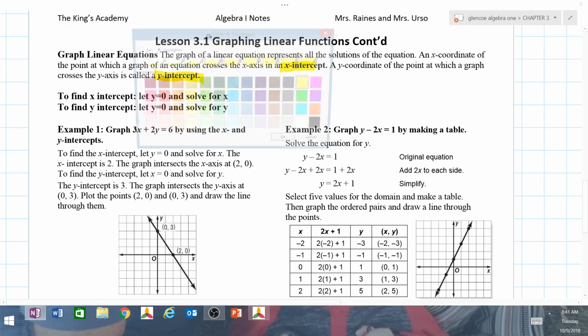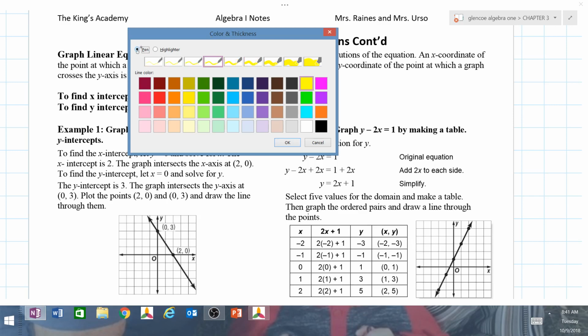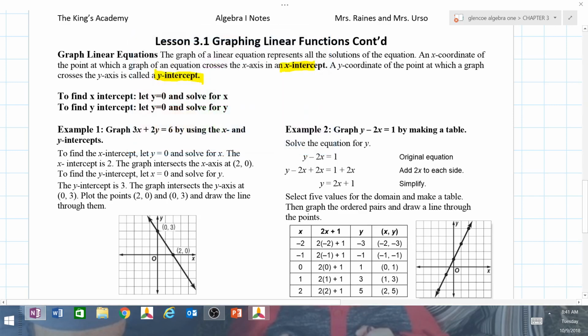Is everybody with me? Hello? To find the y-intercept, you let x equal 0 and solve for y. So let's go ahead and try to do one of these problems here. Graph 3x plus 2y equals 6.